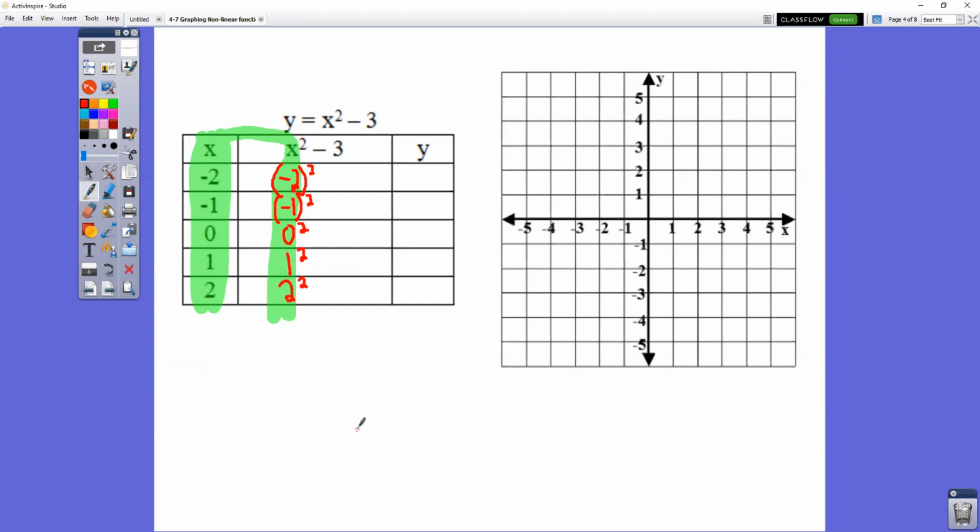Now, this might be the most important thing that I say today, so make sure you're paying attention. When you go to do your squareds, if you go to type this into the calculator, you have to put parentheses around your negative numbers in the calculator. If you don't, you will get those wrong every single time because the calculator will read it differently.